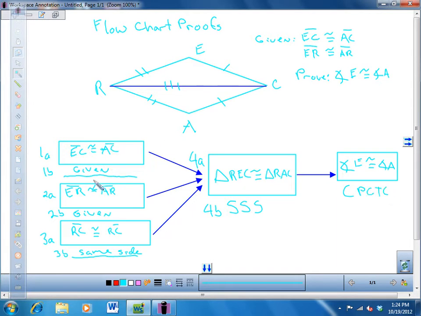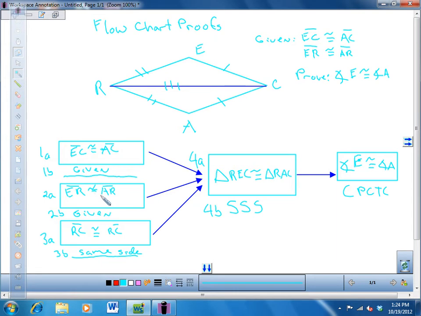As far as numbering them all, in your book they number them all, but if you're doing one on your own, you don't have to number everything. Notice the way I put my three pieces of information together to first show that the triangles are congruent, and that leads me to what I'm trying to conclude, that angle E is congruent to angle A, and you have to have a reason for each thing.